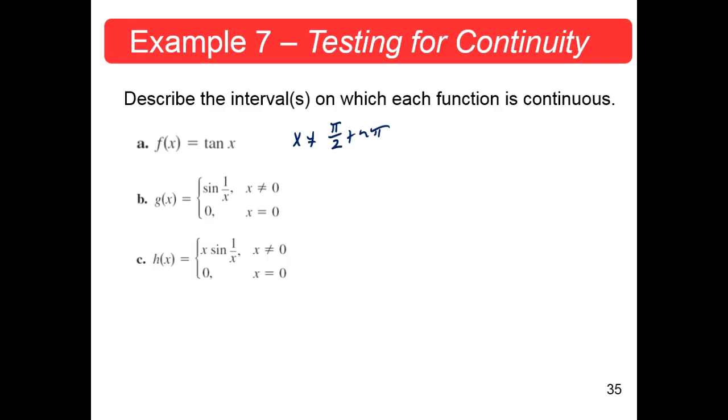Okay. Now this one, on the other hand, is a product of 0 times something that's going between plus or minus 1. Just because this is bouncing between plus or minus 1, multiply 0 by that, and you got it. Not defined at x equals 0, because you can't do that.